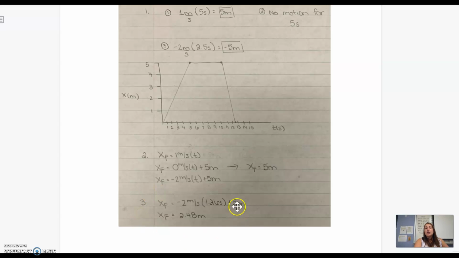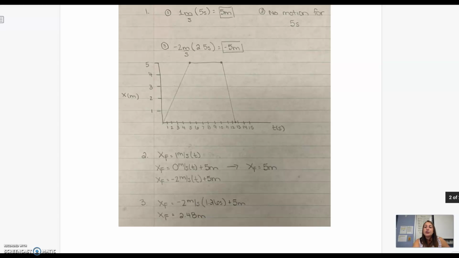Plugging that in, you end up getting a value that makes sense, because if you go to 11.26, you're somewhere right around here, which is indeed right around 2.5. So we check our number with our graph and we see that it makes sense. Had you just straight up plugged in 11.26, you'd get an answer that didn't make any sense at all, because you would be assuming that you went -2 meters per second for that entire length of time, and you didn't. You only went -2 meters per second for 1.26 seconds.